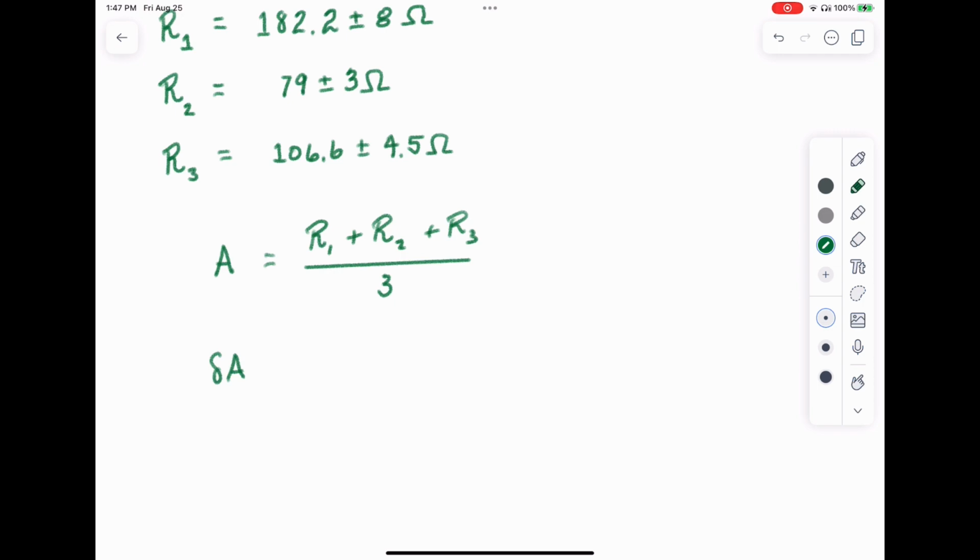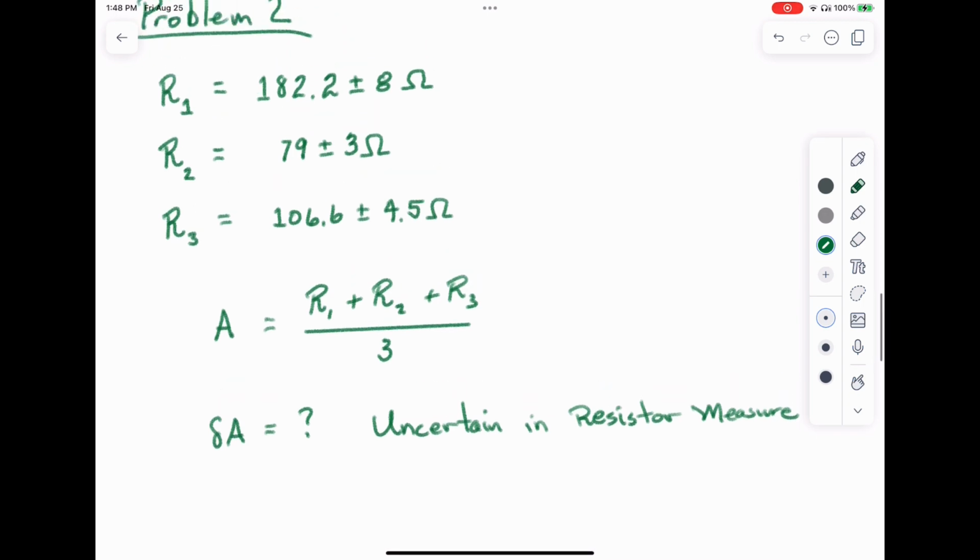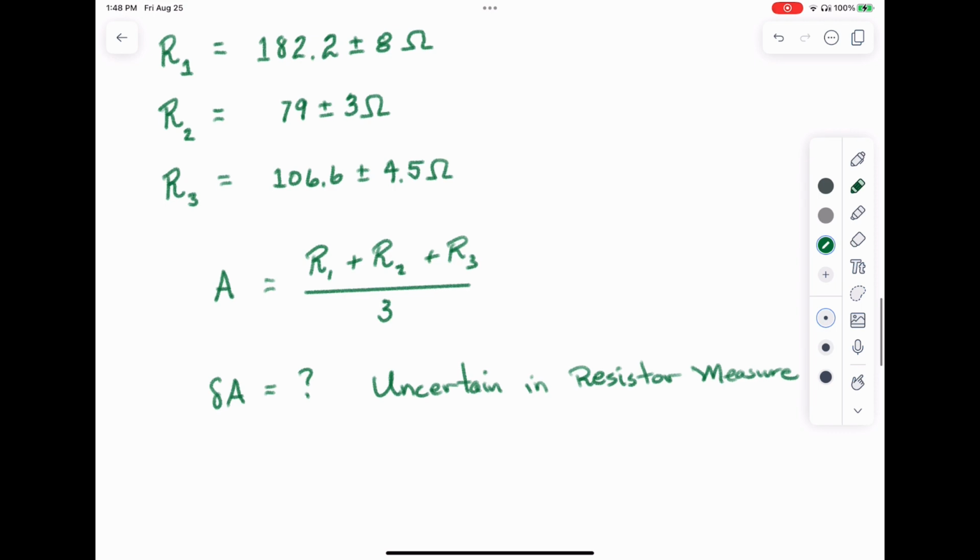So we have to carefully analyze that. And that should be the uncertainty in the average resistor measurements.